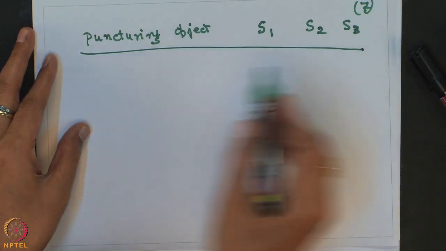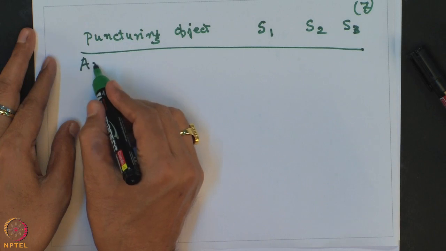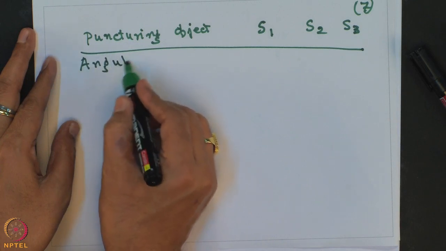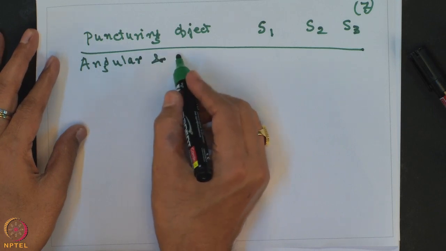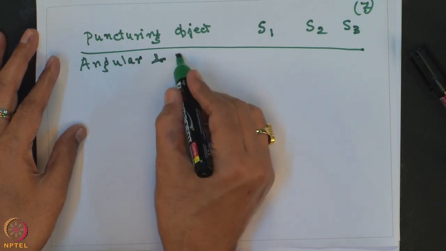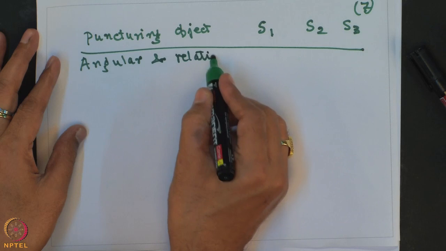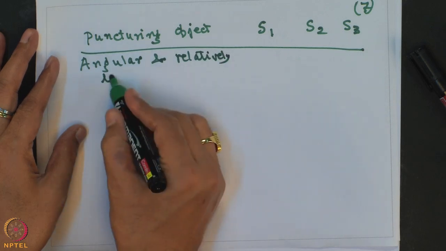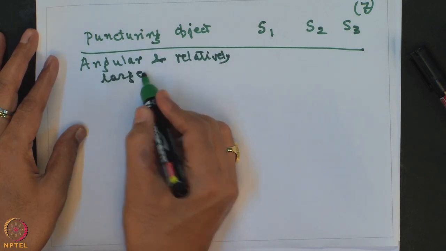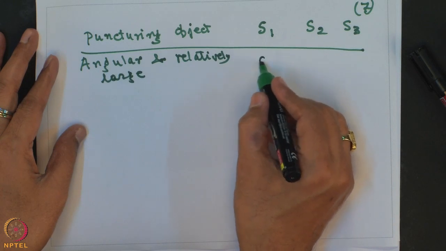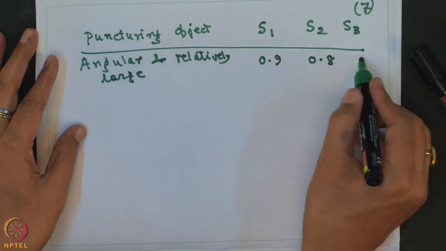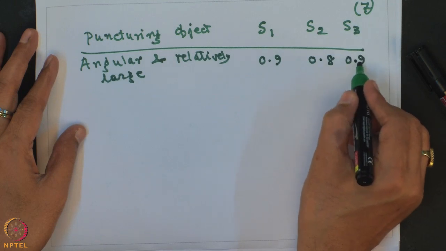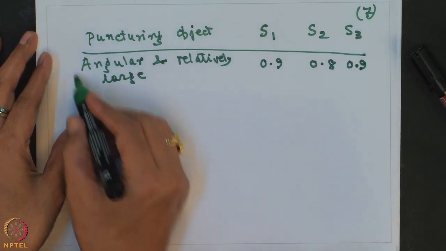So, for example, if it is angular and relatively large, S1 value is 0.9, S2 value is 0.8, S3 value is 0.9. Okay.